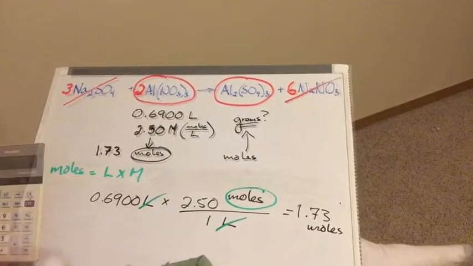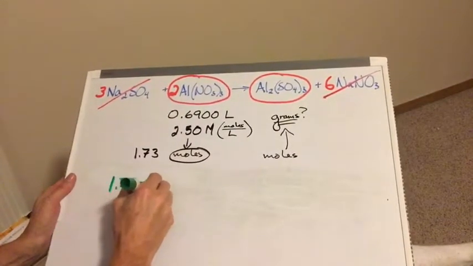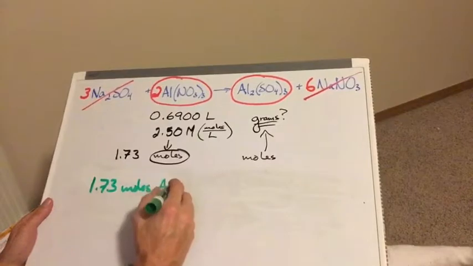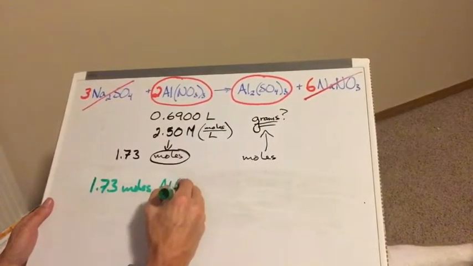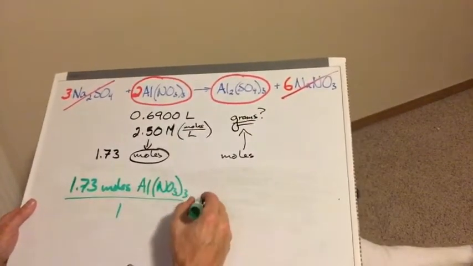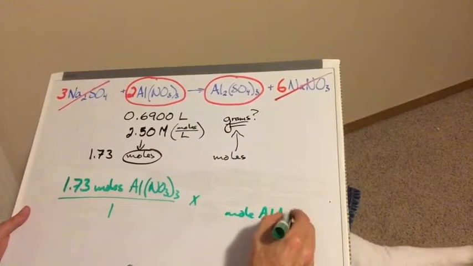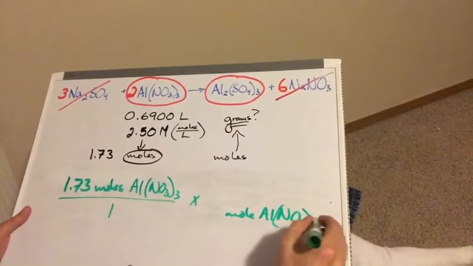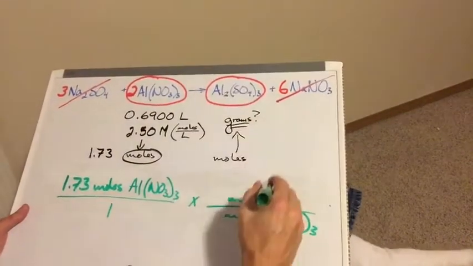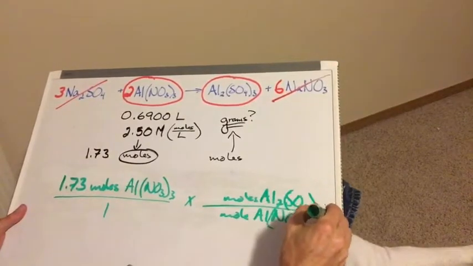Okay, so with that 1.73 moles, to convert it, this is moles of aluminum nitrate, and that needs to be multiplied by moles of aluminum nitrate at the bottom of an equation and moles of aluminum sulfate on the top.